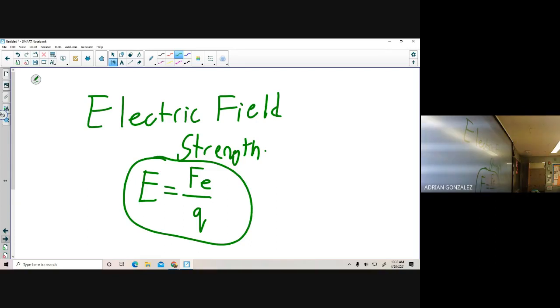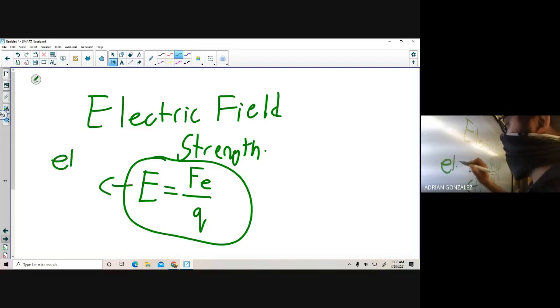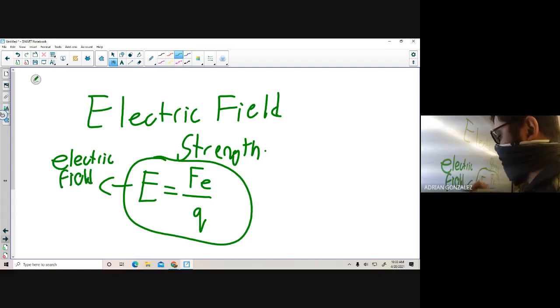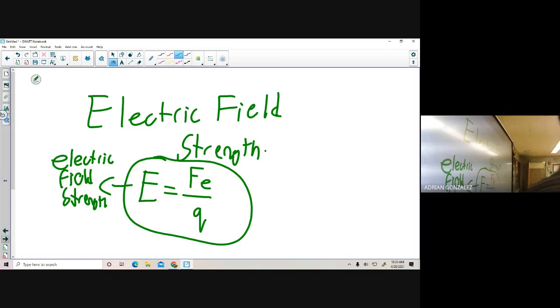Now, in electricity, some of the letters are slightly different. They have slightly different meanings. In this case, the E stands for electric field strength. So the strength of the field. The other two values you should easily recognize. What is F_E?